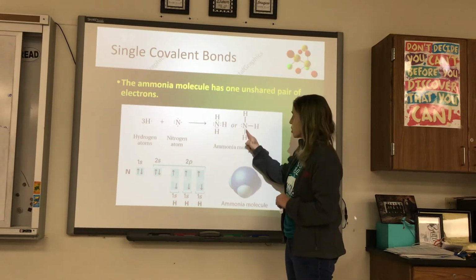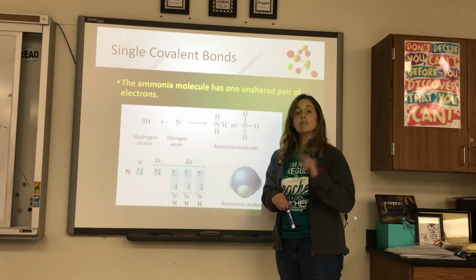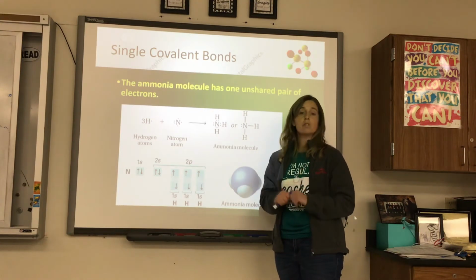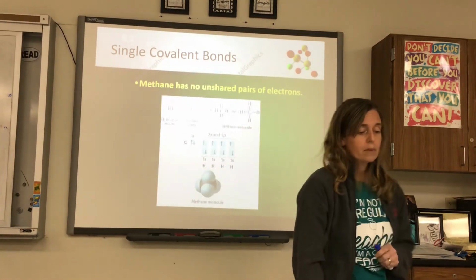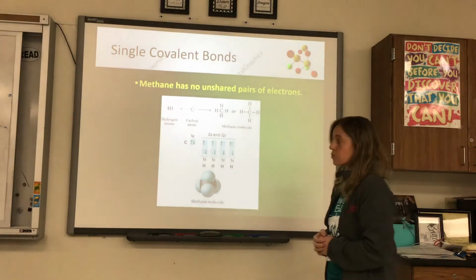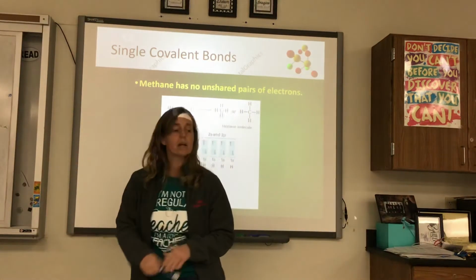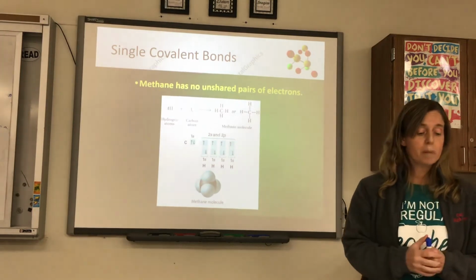Remember, each line is considered a single covalent bond. Each line can only have 2 electrons, okay? And then methane has no unshared pairs of electrons, which is what we saw a minute ago when I drew the methane out for you. There's no unshared pairs of electrons there.